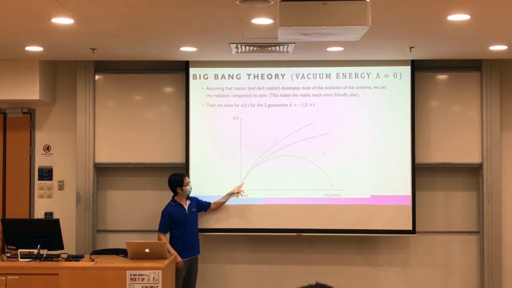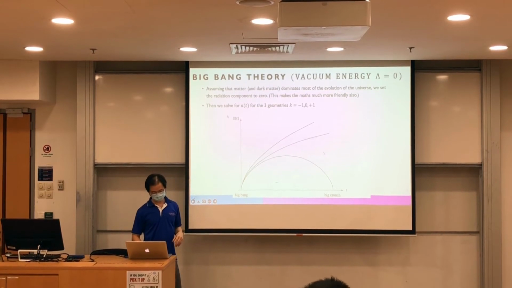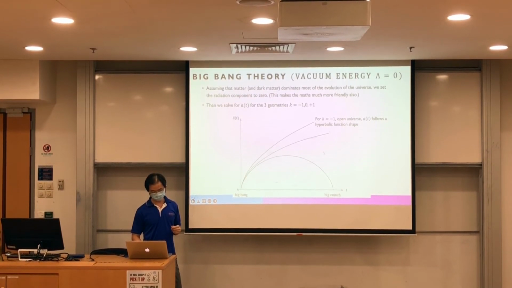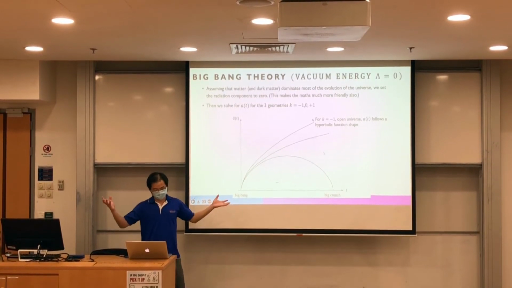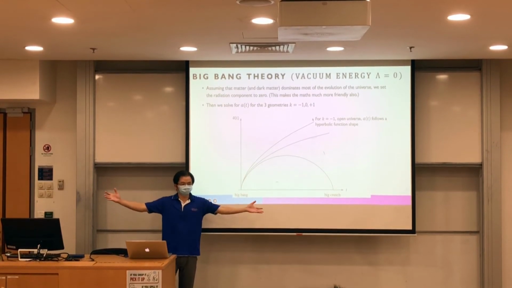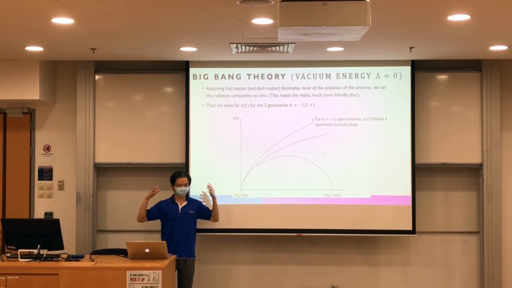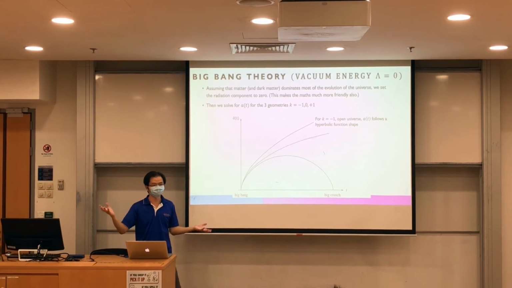So these 3 curves represent the scale factor as a function of time for the different geometries. If you have the open geometry, the scale factor will just increase. That means expand and just expand. Just keep on increasing, that's all.